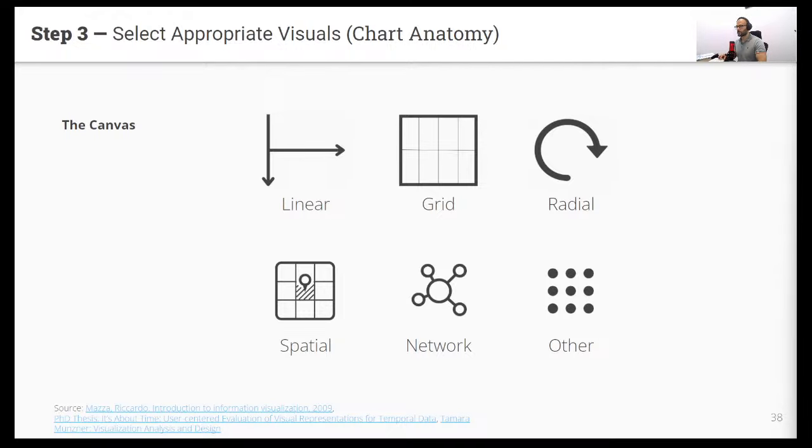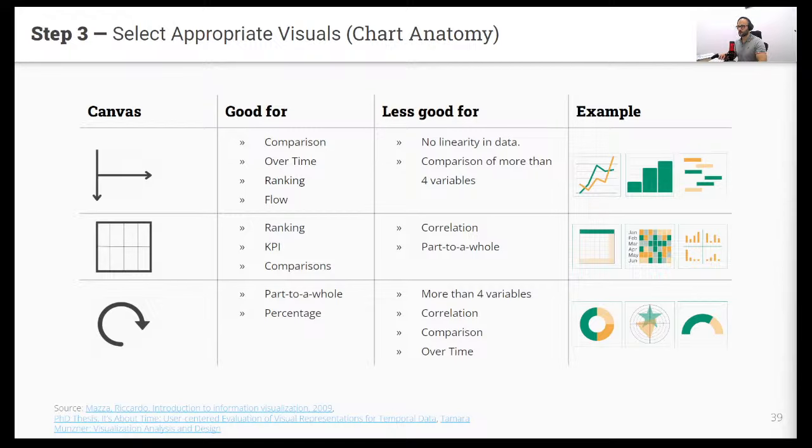So looking at the first 3, which are those that are mainly used in the industry, we can see that the linear one is good for comparison, showing data all the time, maybe some flow, while the pie chart, the radial one, is used for part of a whole, or percentage.